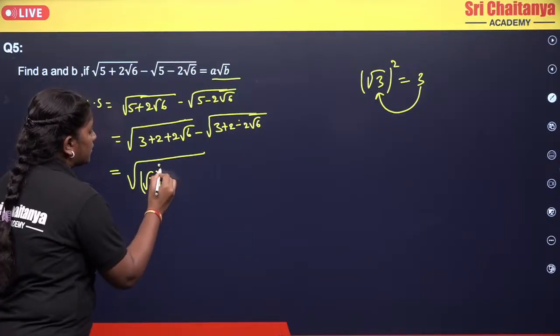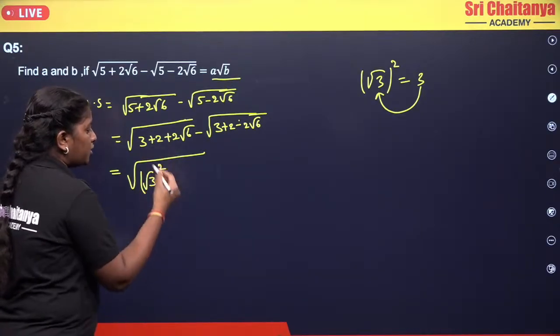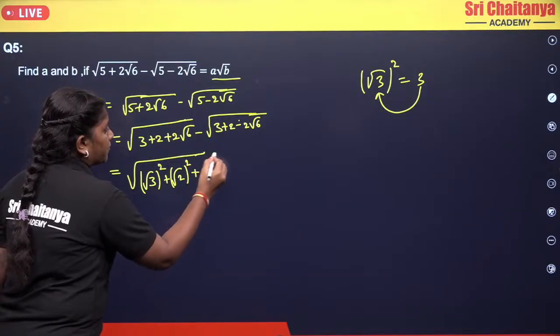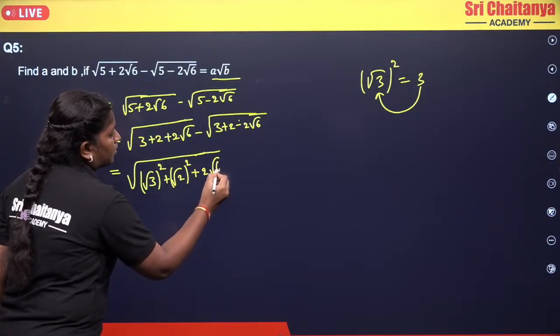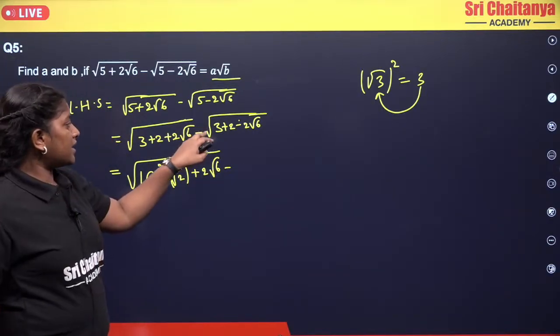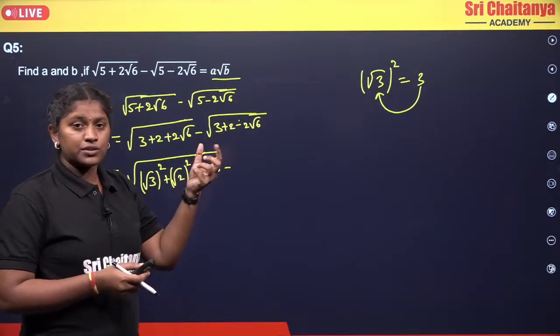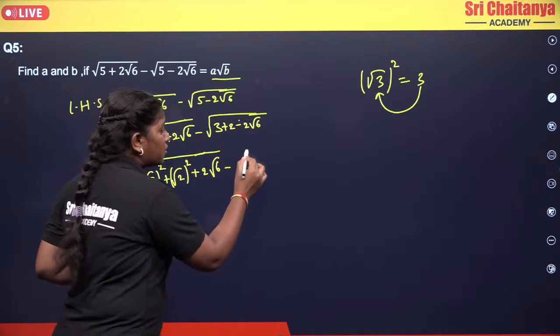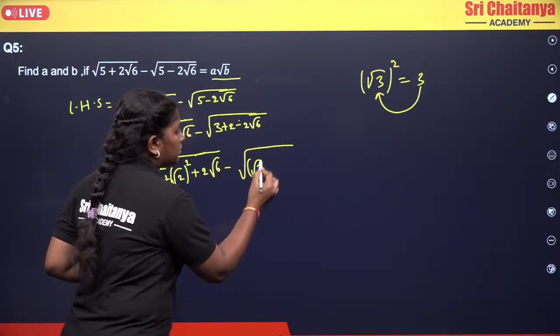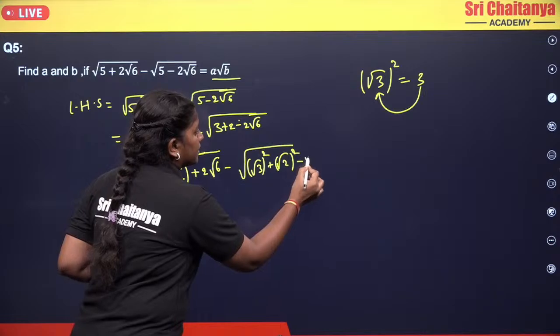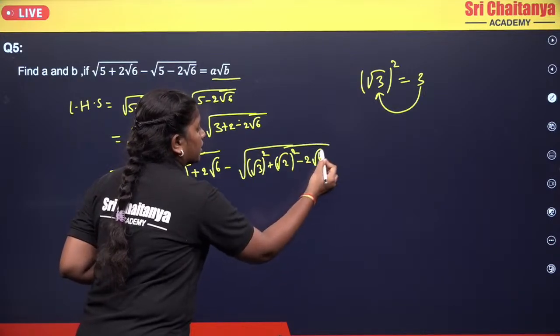So root of root 3 whole square plus, in the same way, 2 can be written as root 2 whole square plus 2 root 6, minus root of root 3 whole square plus root 2 whole square minus 2 root 6.